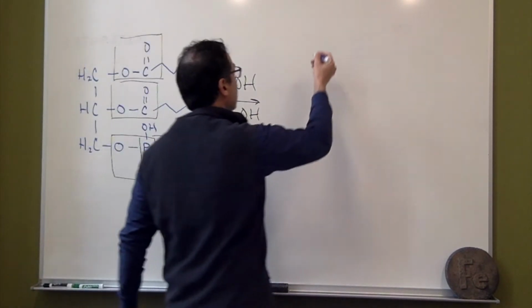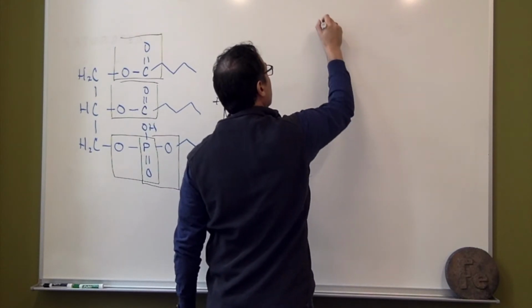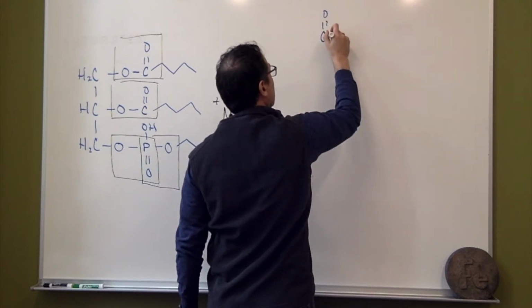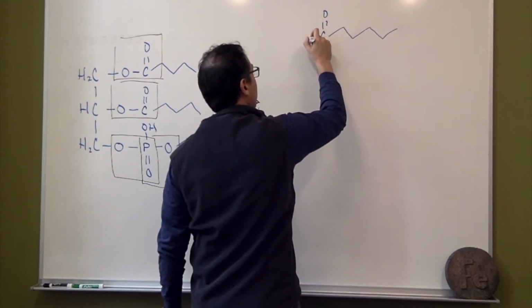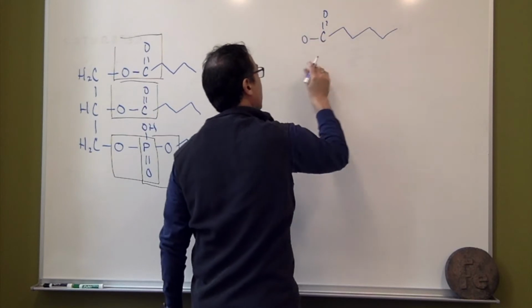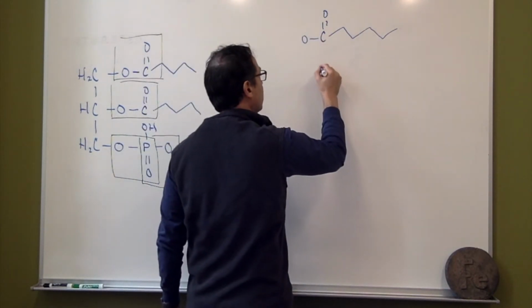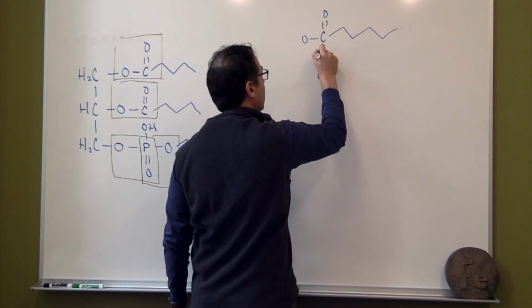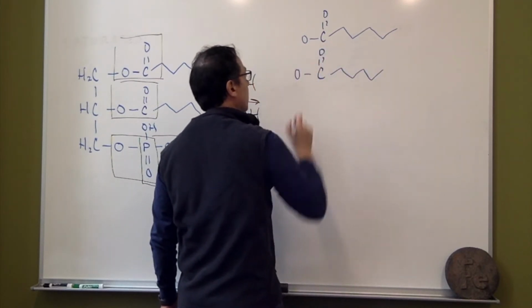We end up with our carbon, carbon double bond oxygen, then here is our carbon chain, and then we would have an oxygen. I'm not going to put an H there just yet. So I'm going to redraw this, with two of them here: carbon, double bond oxygen, zigzag line like this.